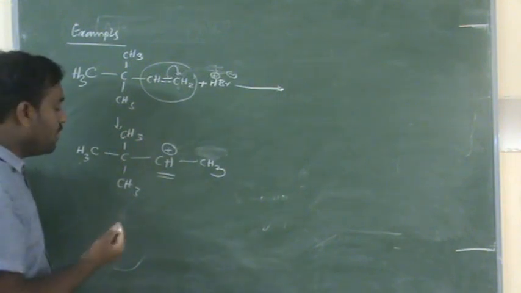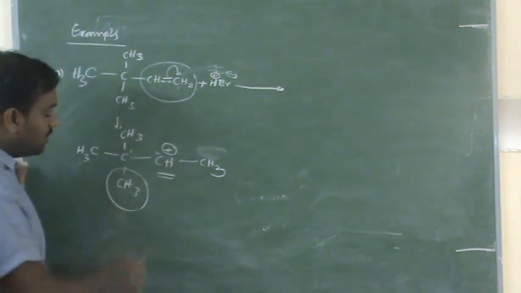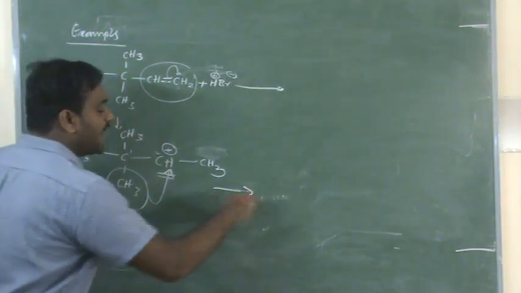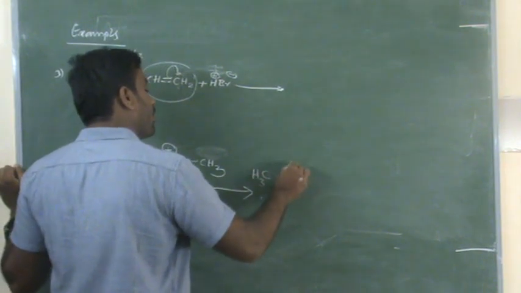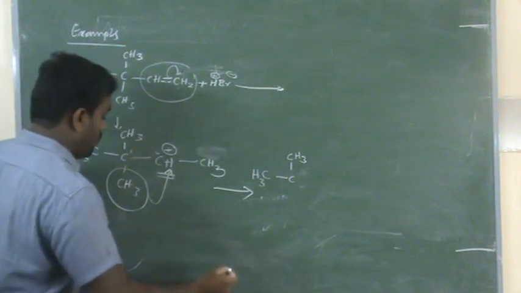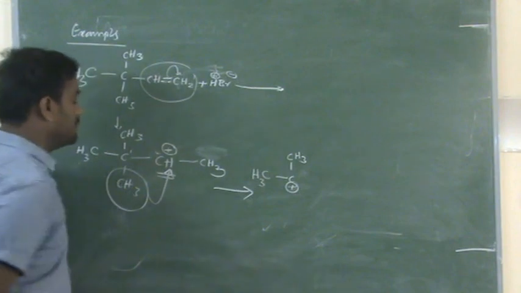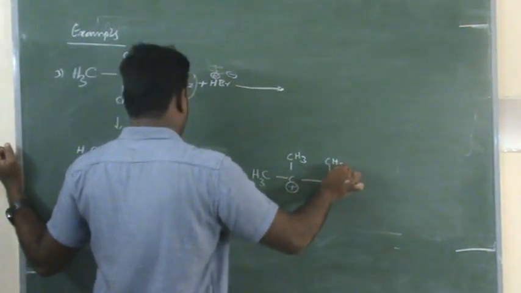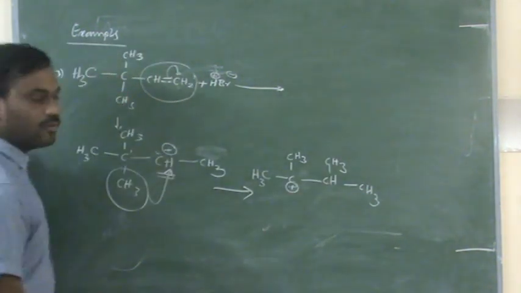How? In the last class we discussed there is a 1,2 methyl shift. This methyl is shifted here. When the methyl is shifted, we get the positive charge here.